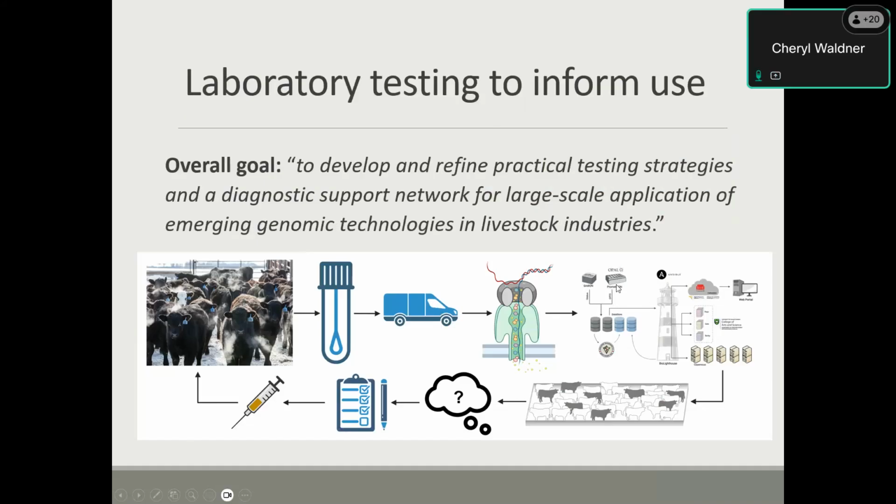Matt Links and his folks have set up a system where we can manage and analyze these data in a very efficient manner, especially compared to where we started. We can do that very effectively at large scale. We can get information that can be taken back to inform pen level management. The veterinarians can use that to inform treatment decisions. And we've actually been able to complete the loop and show that it does actually inform meaningful treatment decisions in these animals.